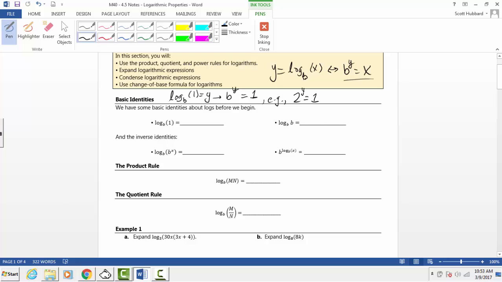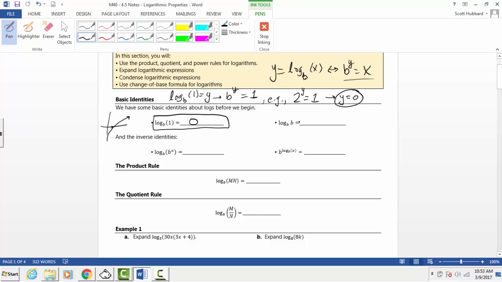So I have to ask myself, what exponent do I raise the number 2 to get the 1? Well, that has to be 0. 0 is special because if you put that as the exponent, it makes every number just equal 1. And so log base b of 1 is just going to equal 0. And this is why when we were graphing logs, they always went through 1, 0. That was always the starting point.